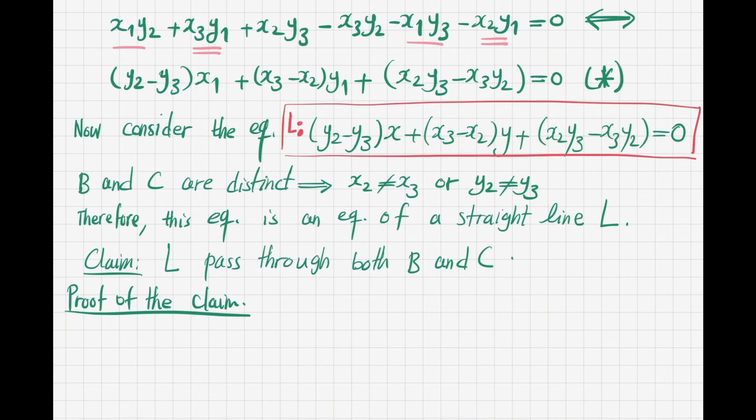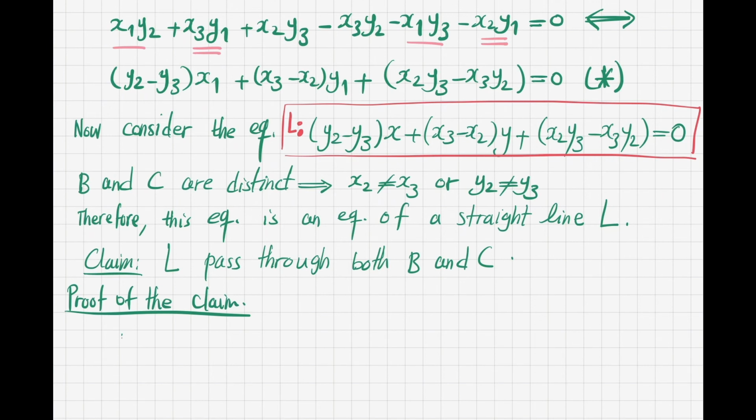Yes. So it means that if I replace x with the x coordinate of B, and if I replace y with the y coordinate of B, this equality should be valid. So let us check. The x coordinate of the point B is x2.